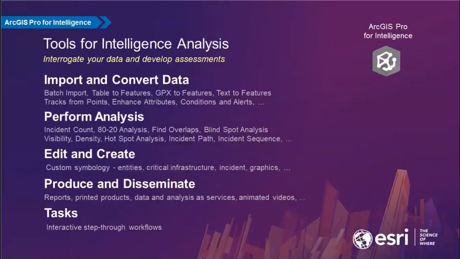So ArcGIS Pro for Intelligence includes new applications, add-ins, and geospatial tools. So here's a list of tools currently available in this version. You can import and convert data. So you'll be able to streamline data management and symbolization using the new batch import tool and custom style, which Brian will demonstrate later.